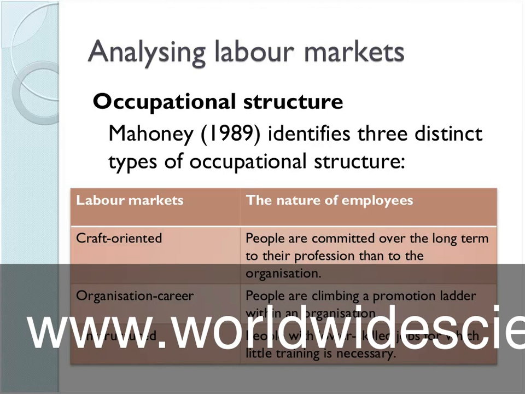Mahoney's third category is the unstructured category. It consists of lower skilled jobs for which little training is necessary. Opportunities for professional advancement are few here, leading to a situation where people move in and out of jobs for reasons which are not primarily career related.